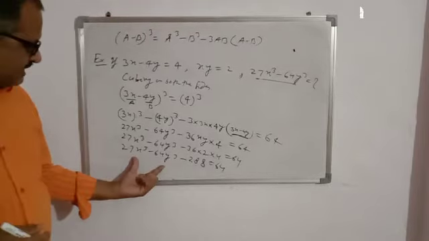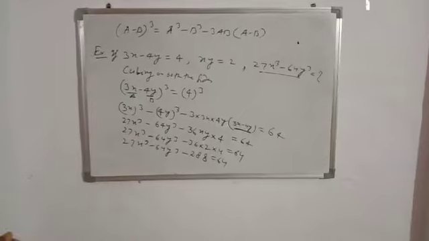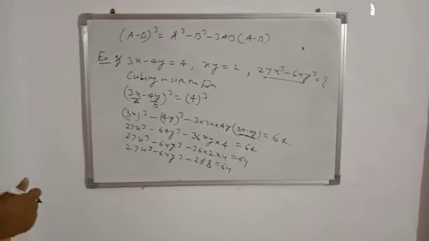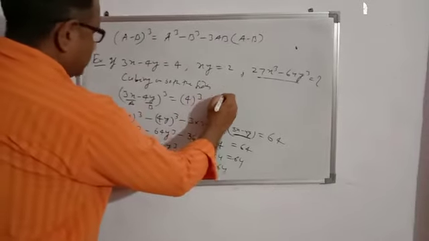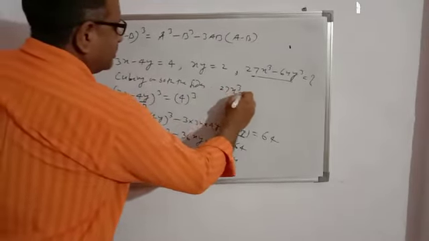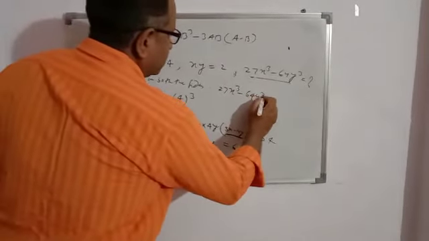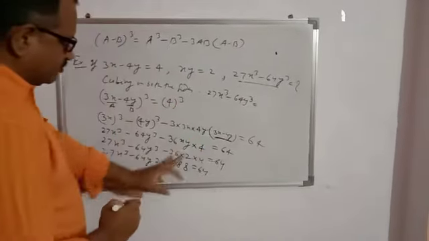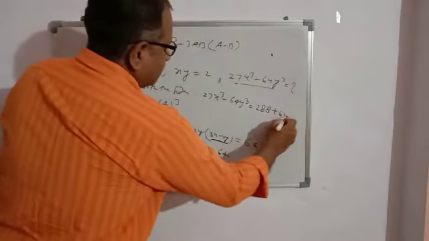We have to find only this part, so we will transpose minus 288 to the right side. Therefore 27x cube minus 64y cube is equal to, transposing 288, plus 288 plus 64.